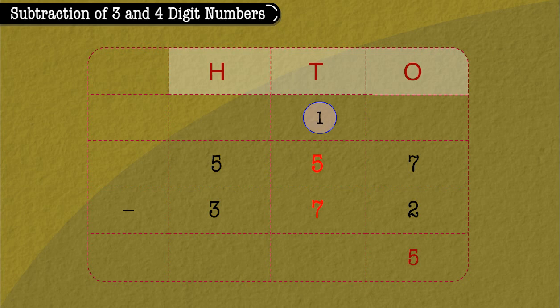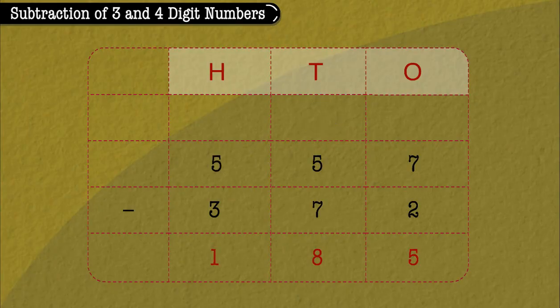On borrowing a 1 from the hundreds place, the number 5 is changed to 15 and then subtracted to get 8 as the difference. Since 1 is borrowed from the hundreds place, the number in the hundreds place decreases by 1 and becomes 4. Then, subtraction is carried out in the hundreds place to get the difference as 1.